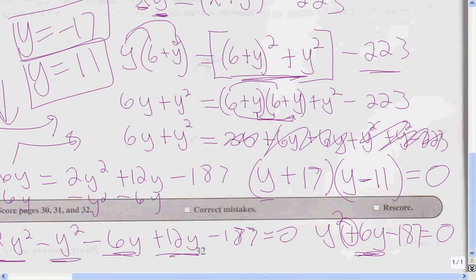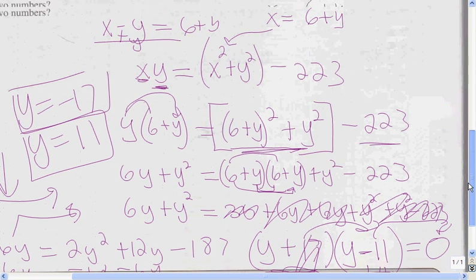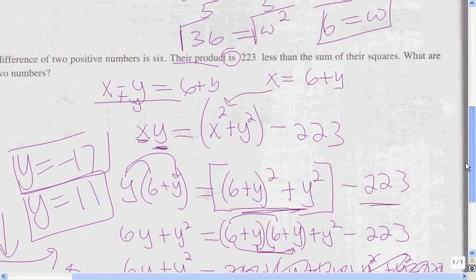Because when I separate them and solve for y for each one, when I move the 17 over to the other side, it becomes a negative 17, because I subtract 17 from both sides. And when I move the 11 over, it becomes a positive 11 because I add 11 to both sides. So y equals negative 17, y equals 11.